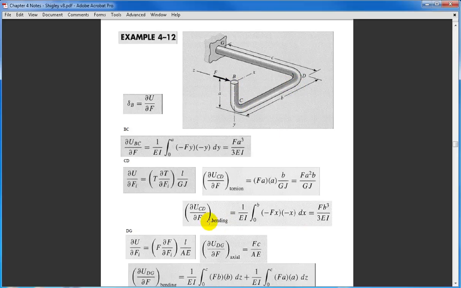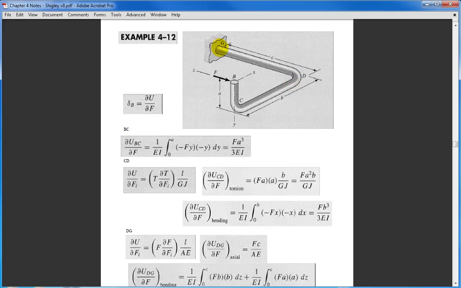And so my deflection due to bending is going to be 1 over EI, the integral of M, which is minus Fx, times the partial of M with respect to F, which is minus x. Notice the minus signs cancel. If we had left the minus signs off, there'd still be no minus sign. So the minus signs really don't matter that much. But integrating this thing, we get a piece, Fb cubed over 3EI, which is the deflection at B because of the bending in this piece.